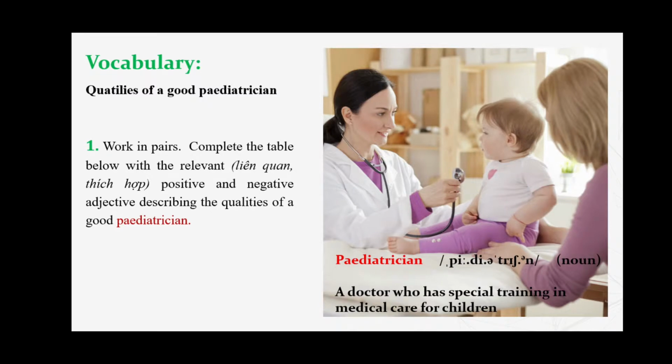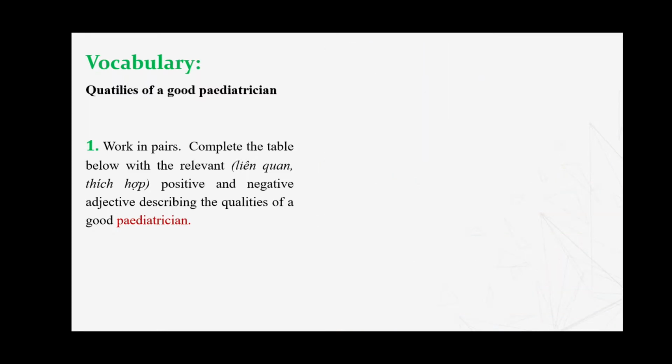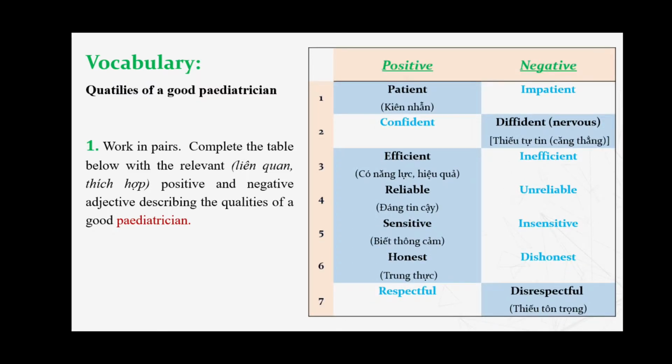Now, we move on to vocabulary. Qualities of a good pediatrician. We complete the table below with the relevant positive and negative adjectives describing the quality of a good pediatrician, as in the side table.